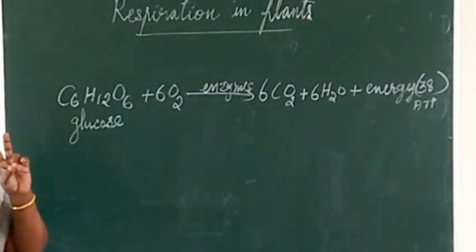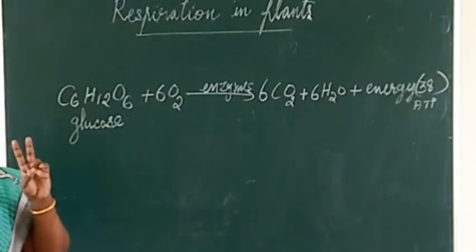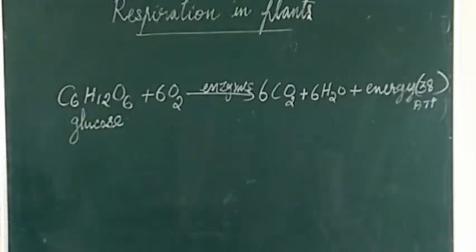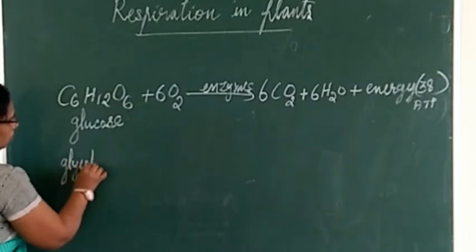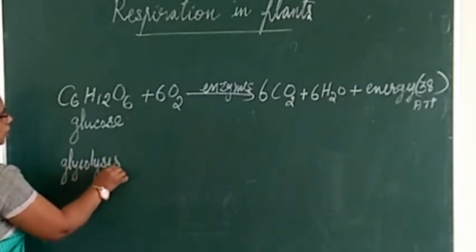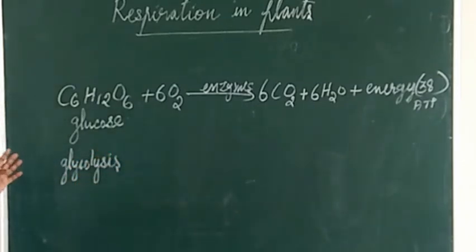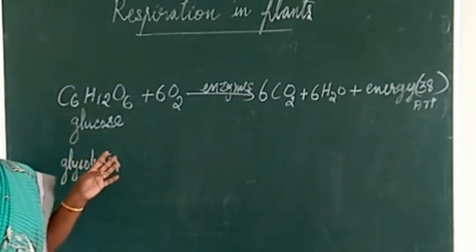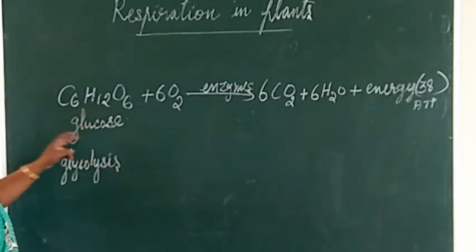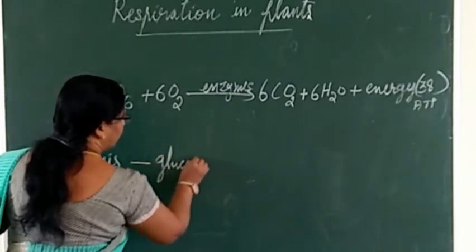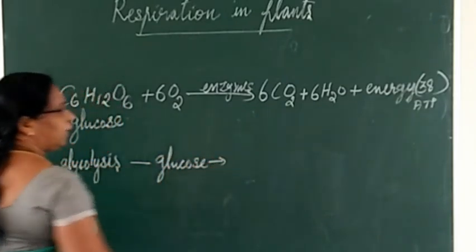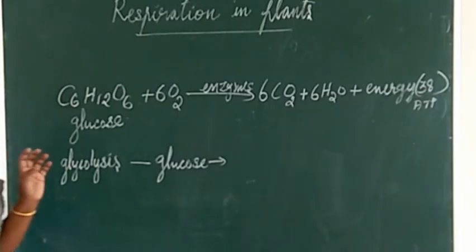Yes, the first one is called glycolysis, and the other one is called the Krebs cycle. So what happens in glycolysis? Glucose breaks down into pyruvate.